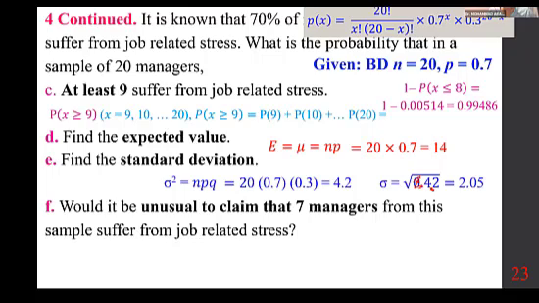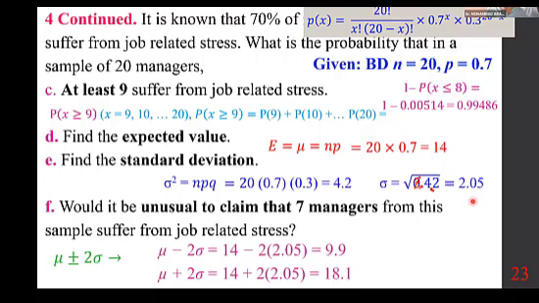Now, would it be unusual to claim that 7 managers from this sample suffer from job-related stress? We have to look at the usual versus unusual, which was mu plus or minus 2 sigma, as you may recall from previously. So we have mu, 14, plus 2 times this number, and 14 minus 2 times this number.